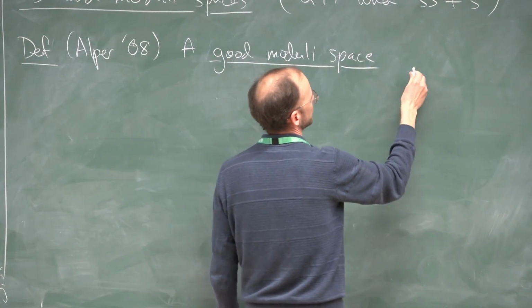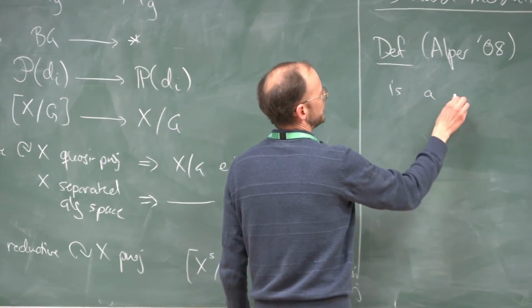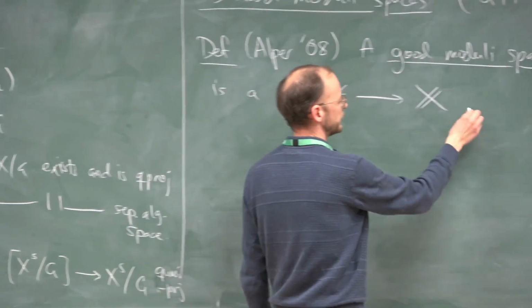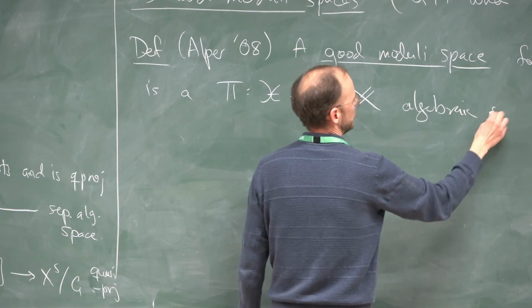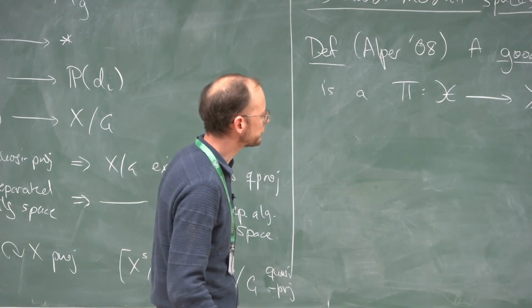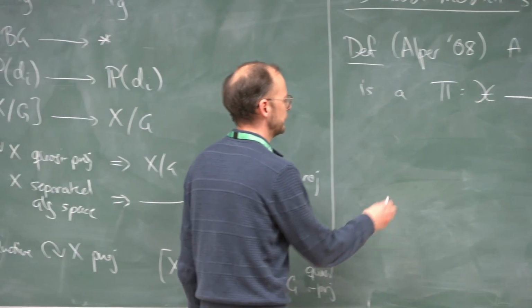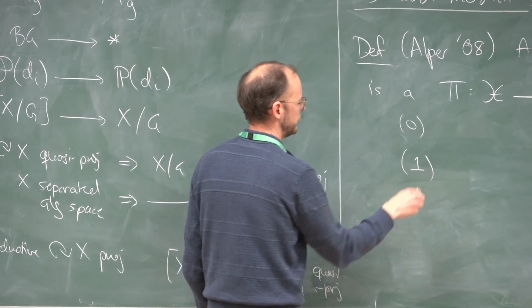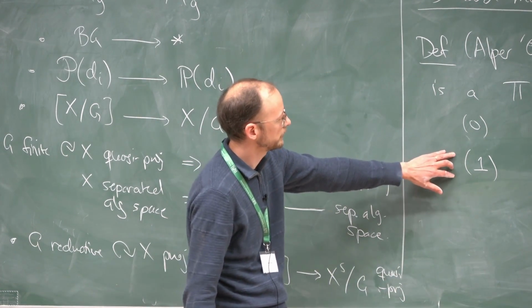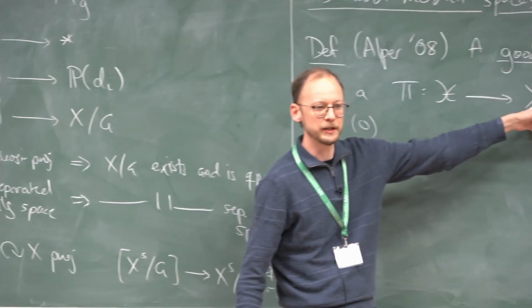So a good moduli space for an algebraic stack X is again a map from X to some algebraic space that's trying to be as close as possible to X. The most important property here is that the pushforward of quasi-coherent sheaves from the stack to the space is exact.